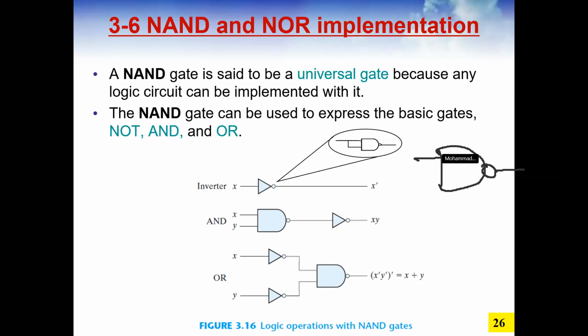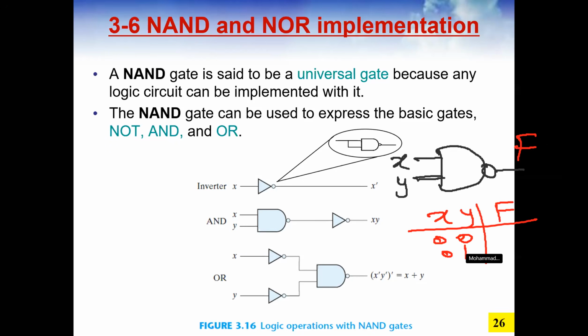Let's say this is X, this is Y, and the output is F. So I can draw the truth table for that. What is the NAND truth table? It is going to be X, Y, F: 0 0, 0 1, 1 0, 1 1. What will be the output? Because it is basically NOT AND.